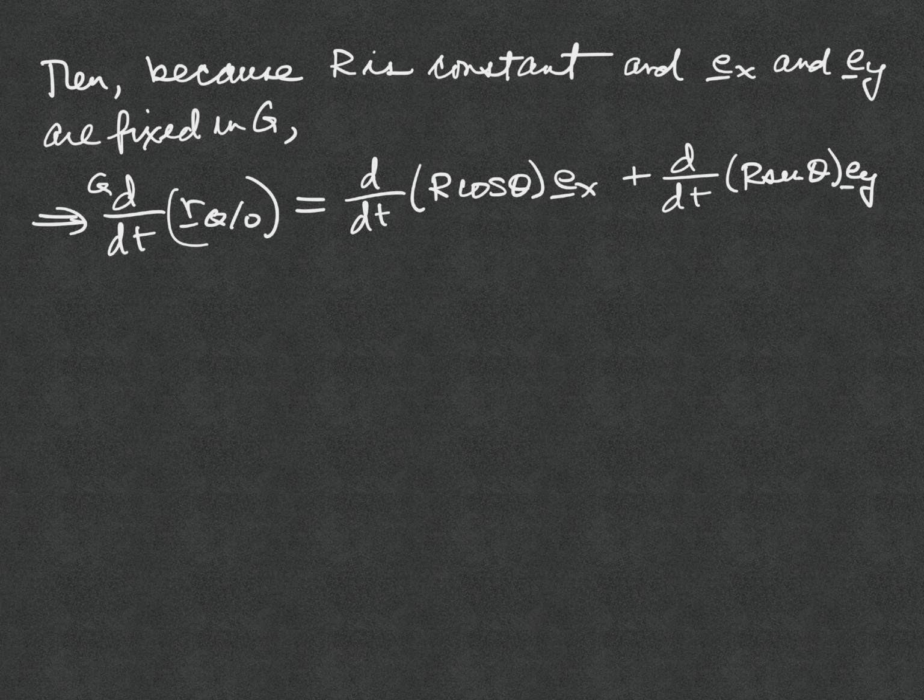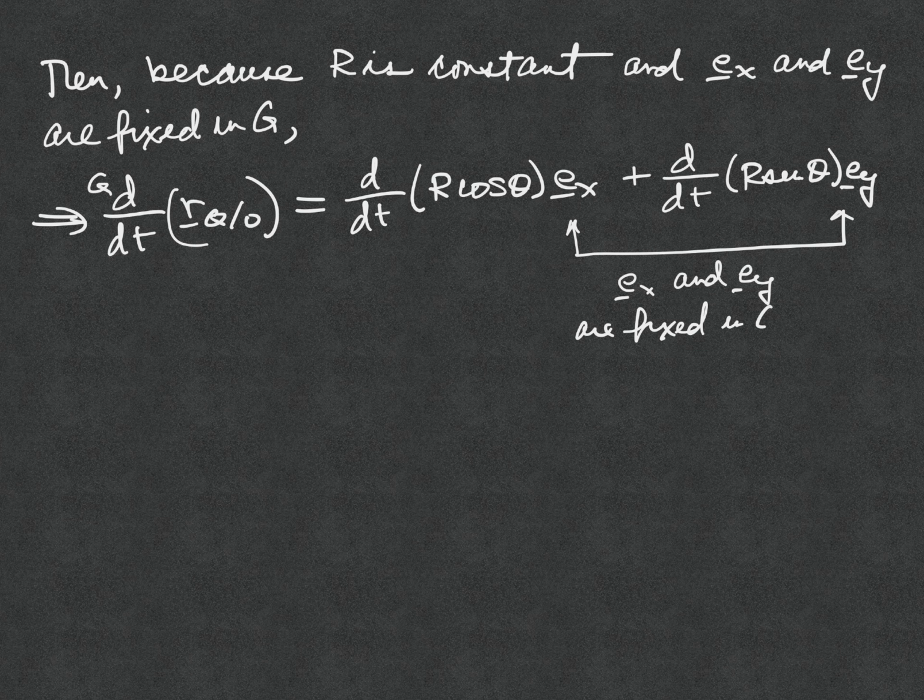I haven't factored out the R yet, but R is constant. And the reason that it's simply equal to what I have here in the last expression is because these two vectors, EX and EY, are fixed in G. And as a result, that means that dEx dt in G is equal to dEy dt in G, which is equal to 0.